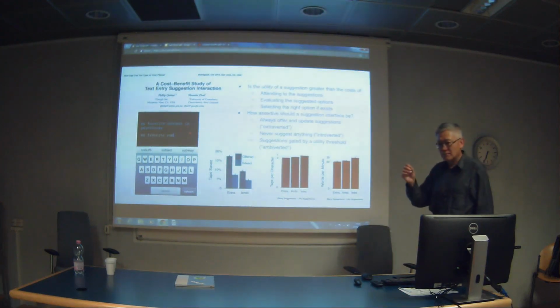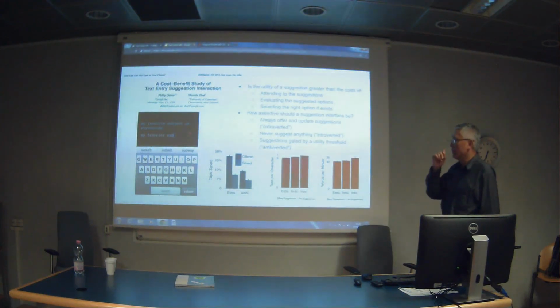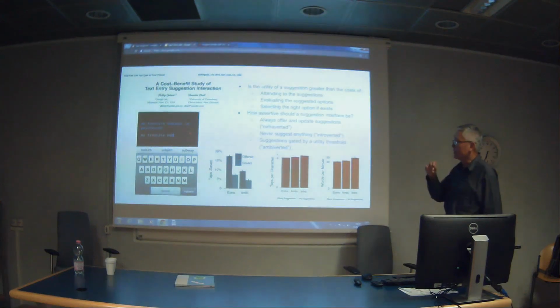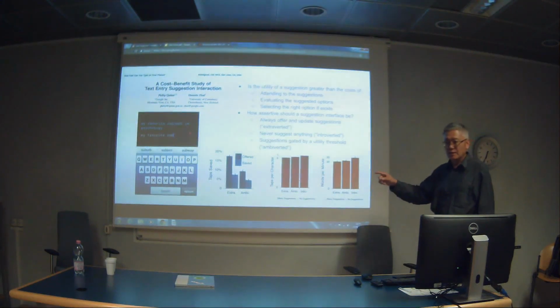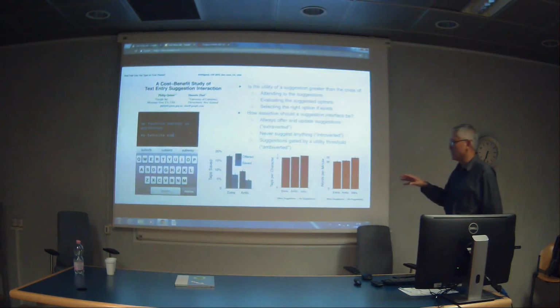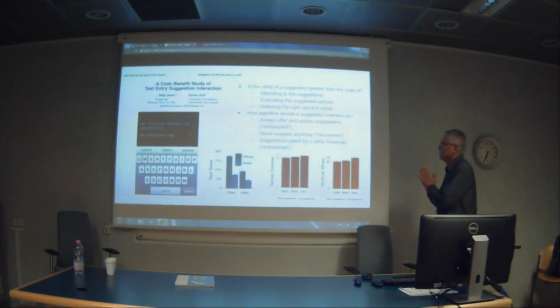The cost side comes to a few things. One is that you have to look at the suggestion bar. And the other is that you have to make a decision if the target is in the multiple candidates. And if it is, you have to click on it.